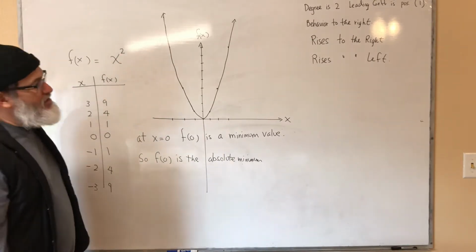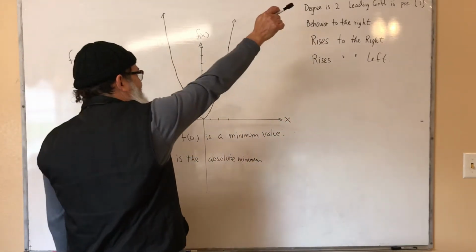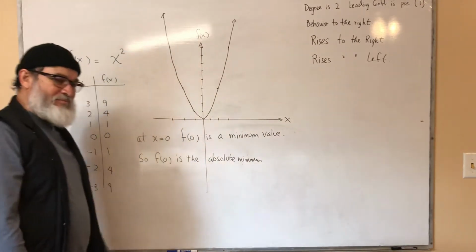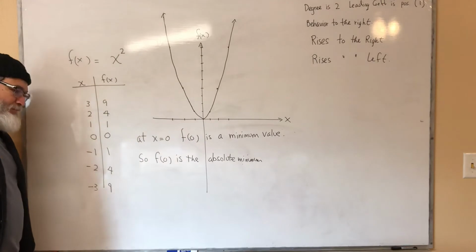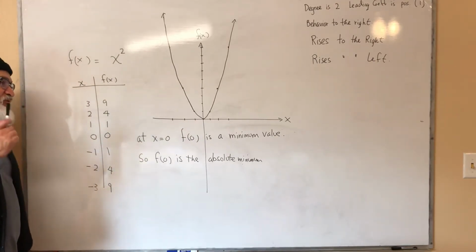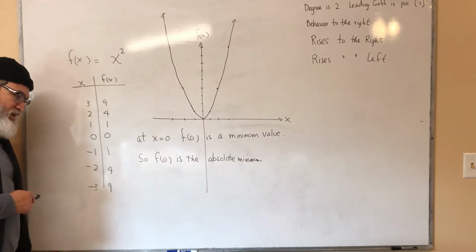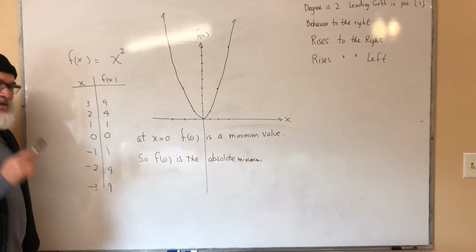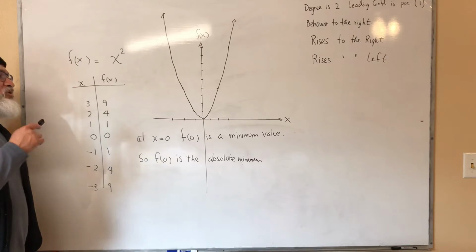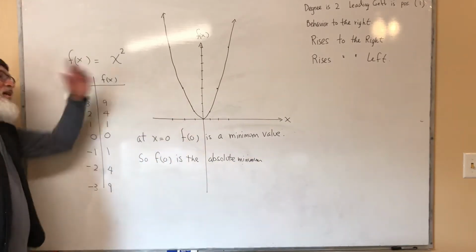And the behavior is it rises to the right and also rises to the left. Okay? And so therefore, if you graph another polynomial function with even degree, it's going to rise to the right. It's also going to rise to the left.